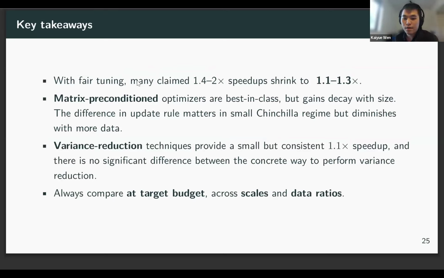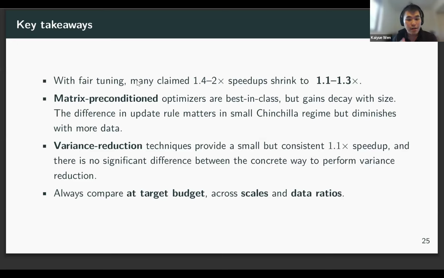And because Muon and all the other optimizers have variance reduction as a subcomponent, I don't think there will be a point where there is no speedup at all, but that's just my feeling. I'm not 100% sure about this statement, and still I don't think there will be a point where there is almost no gain, but the gain can be smaller.